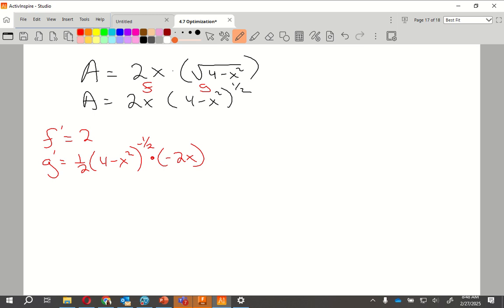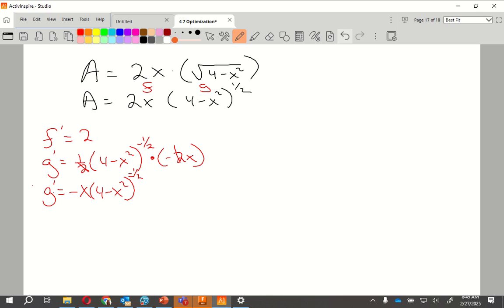I'm going to clean this up. Those 2's will cancel. So I get G prime is negative x quantity 4 minus x squared to the negative 1/2, because the 2's will cancel.